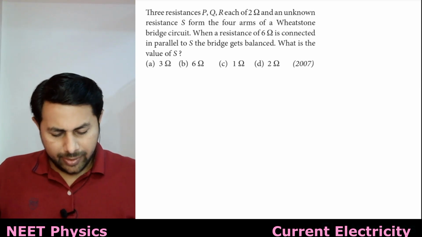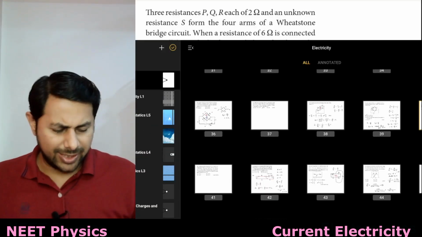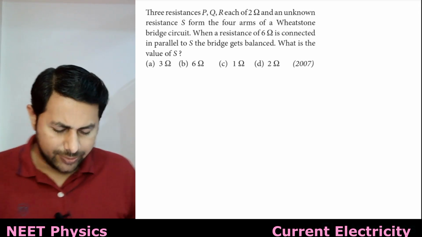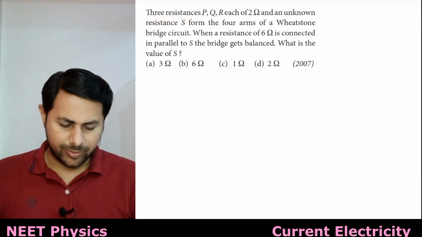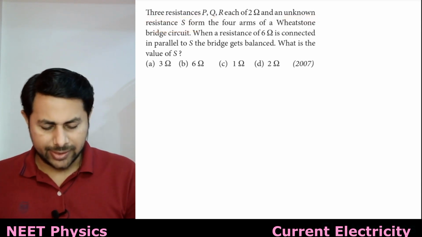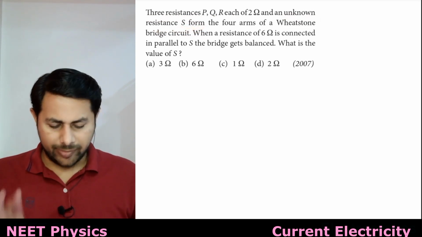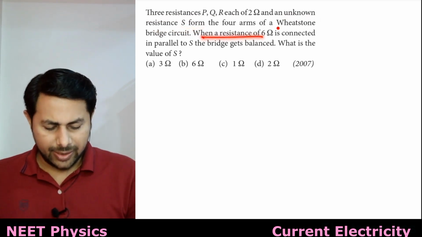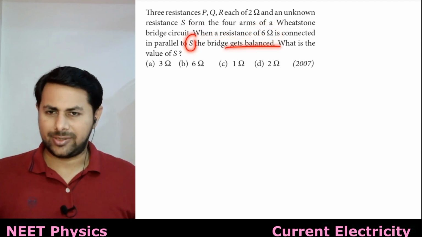Okay, then let me check how many 2 questions are there. Let's solve one more. I will leave one for you. 3 resistors P, Q, R, each of 2 ohm, and unknown resistance S form 4 arms of a Wheatstone's bridge circuit. When a resistance of 6 ohm is connected in parallel to S, the bridge gets balanced.